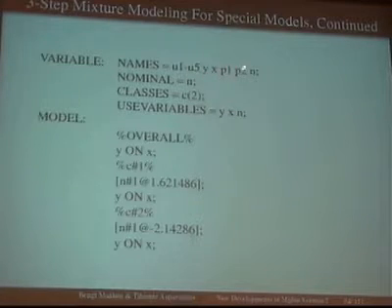Then you get the class probabilities in that same file that you've saved, and then this is the most likely class variable. You declare that class variable as nominal in Mplus, which is a way to specify a variable as being categorical.